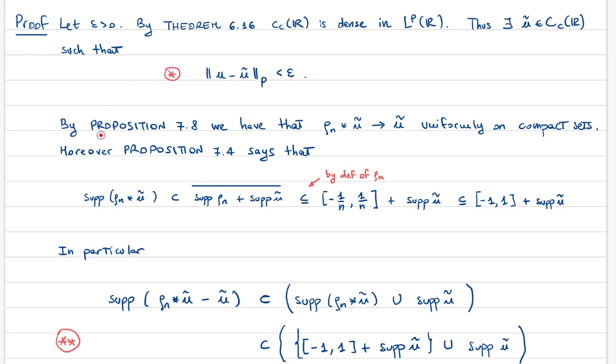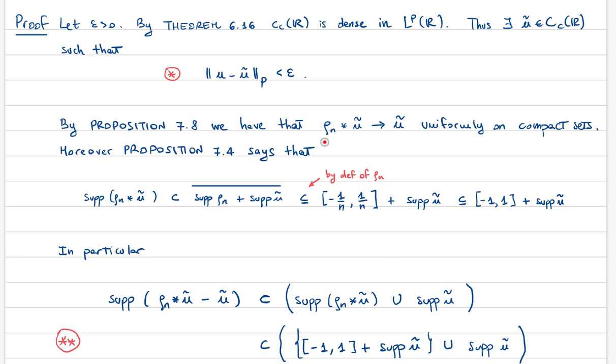Okay, then by proposition 7.8, we know that since u tilde is continuous and compactly supported, then the convolution between the standard mollifiers and u tilde is converging to u tilde uniformly on compact sets.